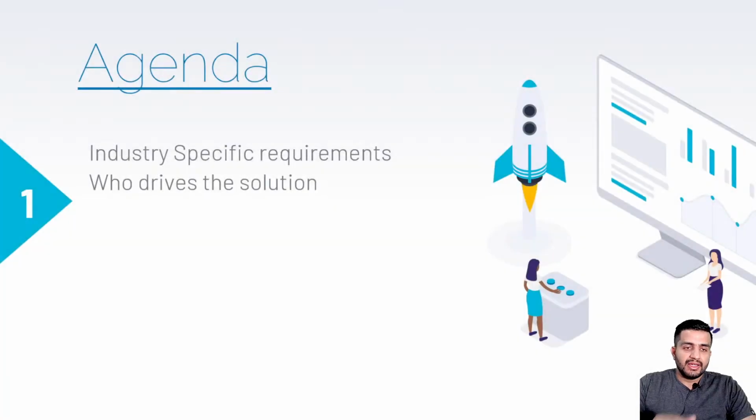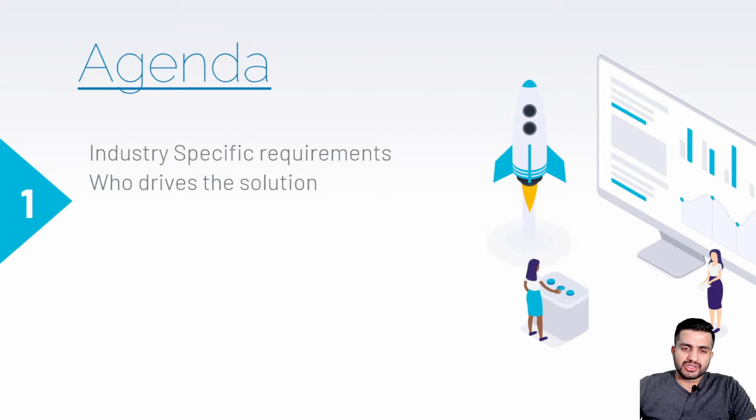Moving further, as I was saying, the agenda for today is that we'll first try to understand the industry specific requirements of my problem statements. I'll give you a brief of different industry level specifications and requirements, and post that, we'll talk about the solution drivers.